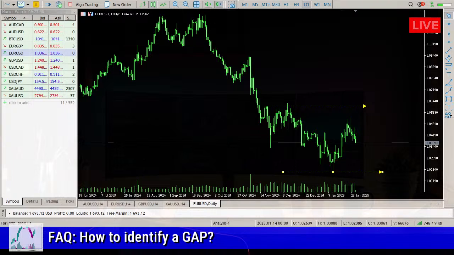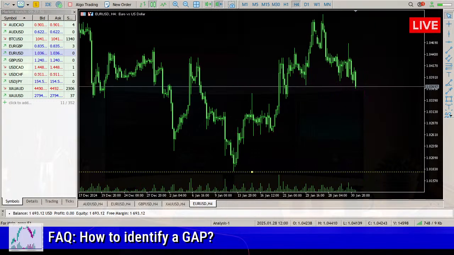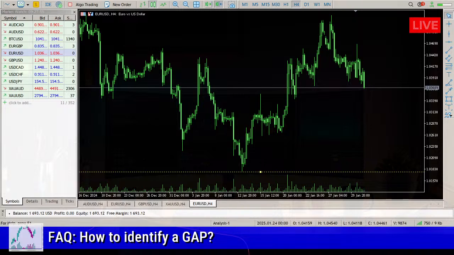Then usually after I know everything, I got all the information here, I will go to the lower time frame. For example, I try to go to the 4-hour chart here. Then I start to see where the price is forming a range.